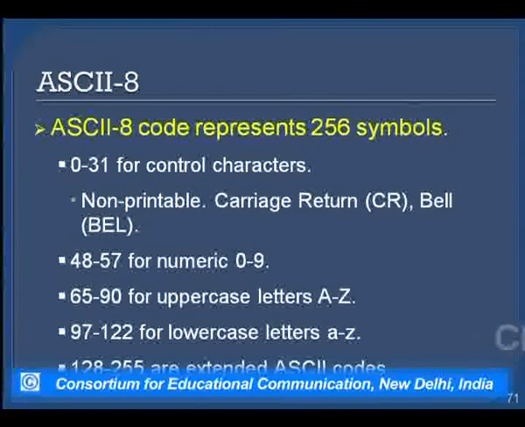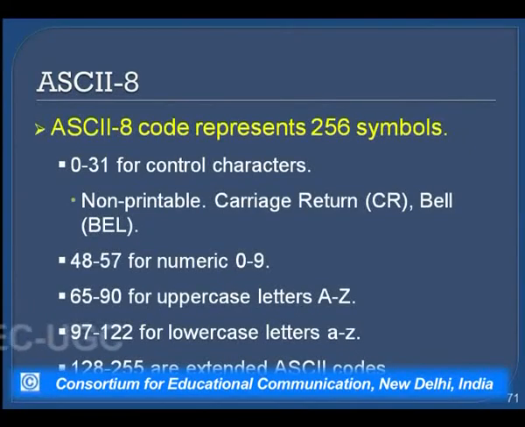When we say ASCII code has 256 symbols, 0 to 31 are for some control characters. Now, there are a few ASCII codes which you should always remember as a computer student: the number 0 is ASCII 48, capital A is ASCII 65 and small a is ASCII 97.